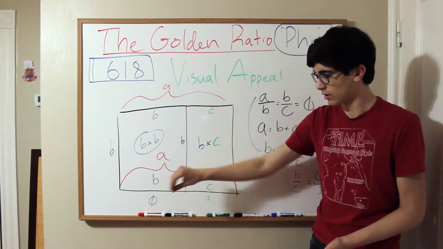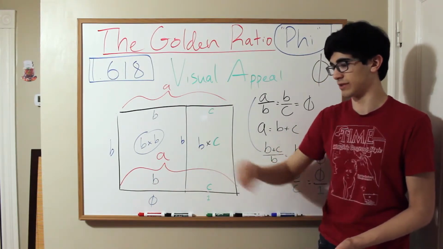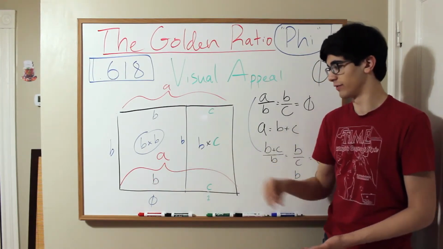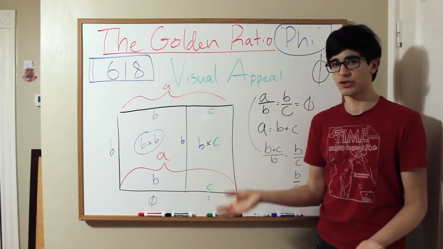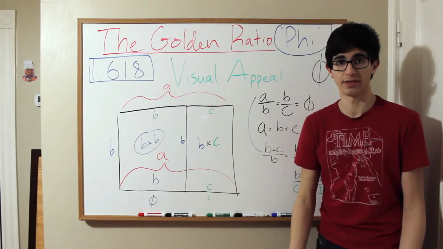So the whole segment of the big division is to the big division as the big division is to the small division. And it's just a nice overall division that is displayed in us humanoids.